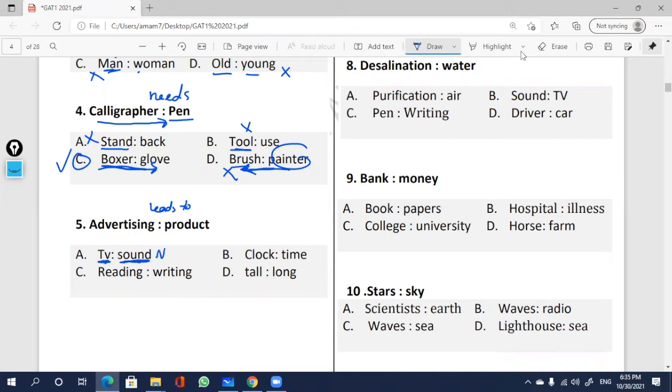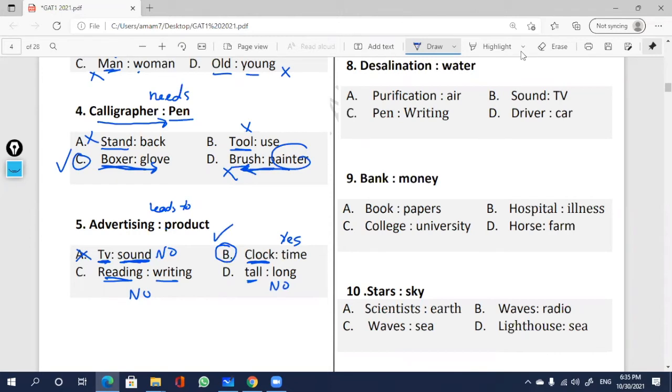Here we have no. So we will eliminate A. A clock leads to time. Yes. Reading leads to writing. No. Tall leads to long. Also no. So this is the correct answer. The correct answer here is B.